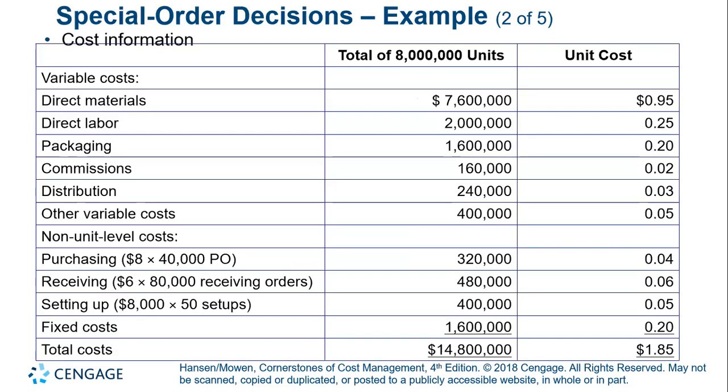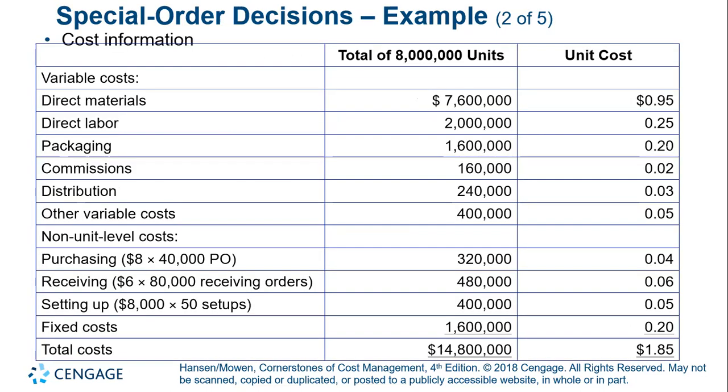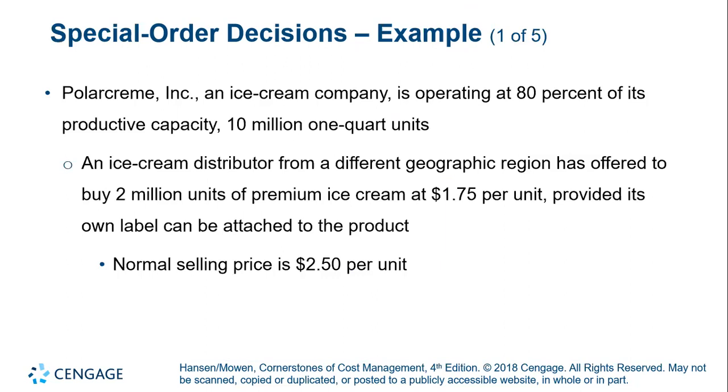So with this special order analysis, we have now the direct materials, considering that you are going to produce 10 million 1-quart units, and you have now the 2 million units of premium at 1.75 per unit. However, the normal selling price is equal to 2.50 per unit.